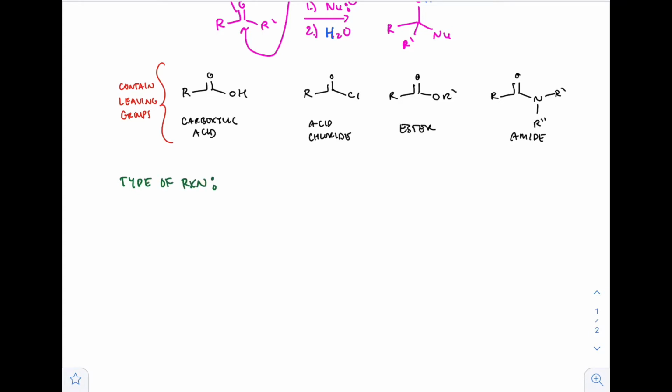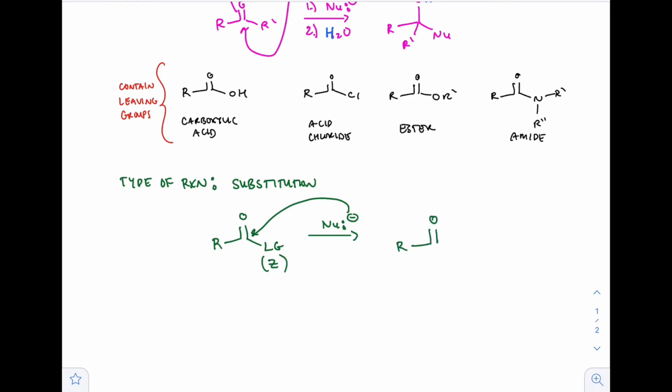With these bottom groups of carbonyl compounds, we have a different type of reaction, and that's a substitution reaction. I'm going to put this as LG, a leaving group, because that's the difference between these. But you might see in your book where it says Z instead, like a heteroatom or a more electronegative atom than the carbon, so there is that dipole.